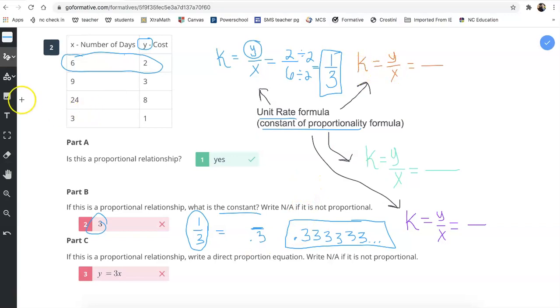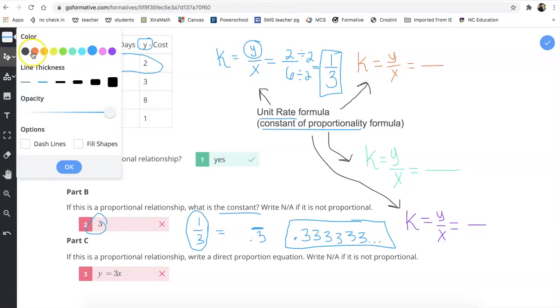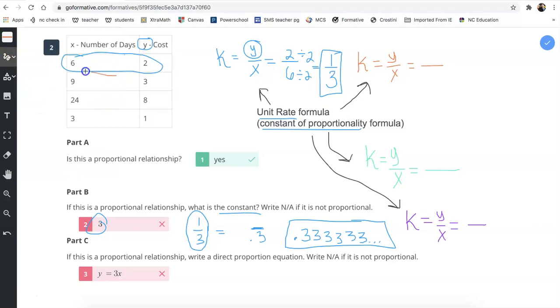All right, let's look at k equals y over x. Again, the unit rate formula, but let's use this point. So the y value is 3, the x value is 9, and once again, when we reduce it, we get 1/3.